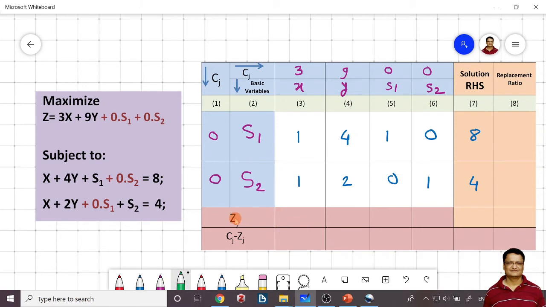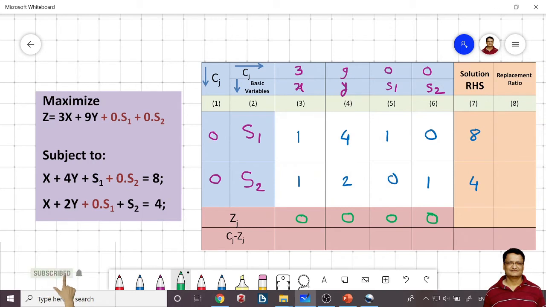The next step is to calculate the value of Z, that is the profit, for each column. That is given by 0 into 1 plus 0 into 1, that is 0 for x. For y it will be 0 into 4 plus 0 into 2, again 0. For s1 it would be 0 into 1 plus 0 into 1, which gives the value of 0.